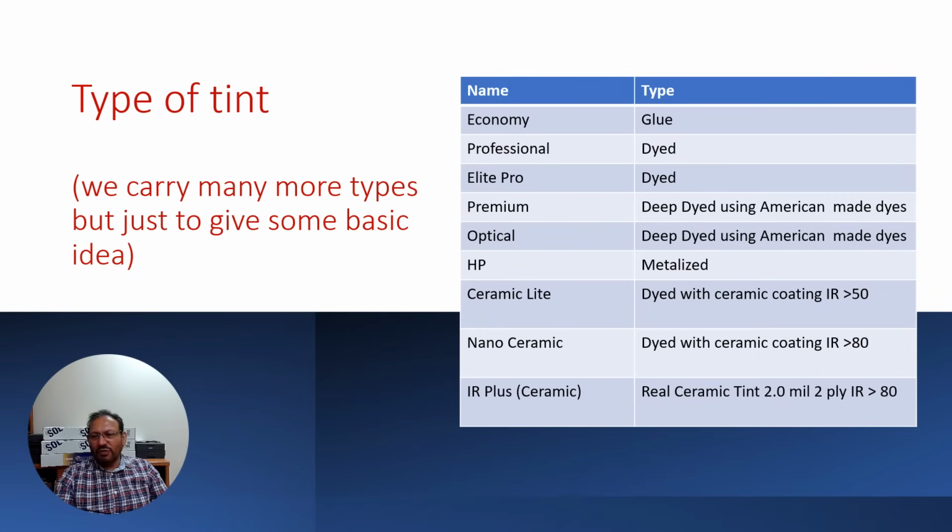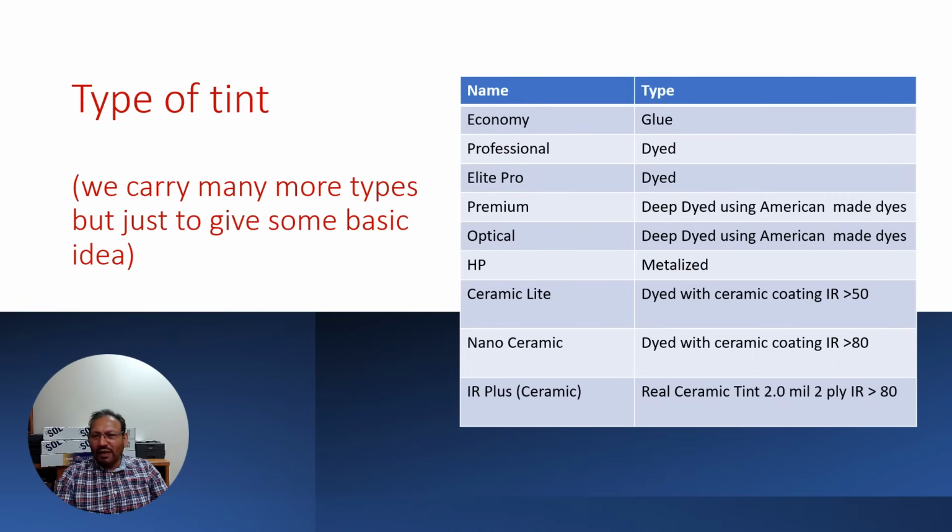Then there's the Professional, which is a dye tint. Of course, these dyes are very good quality, but not up to the mark which it should be. Same thing with the Elite Pro. The Premium is deep dyed, which some people call carbon films, or they give you other names. And these use American made dyes.